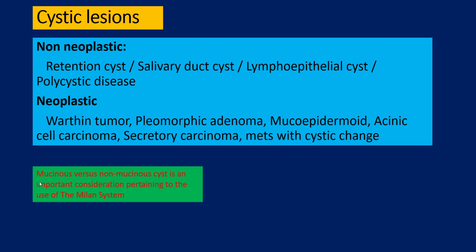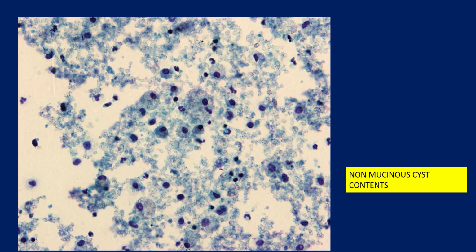To be able to identify these cysts as mucinous versus non-mucinous is an important consideration which I would like all of you to keep in mind pertaining to the use of the MILAN system, which is going to be discussed in the latter part of this talk. So this is all about non-mucinous cyst contents.